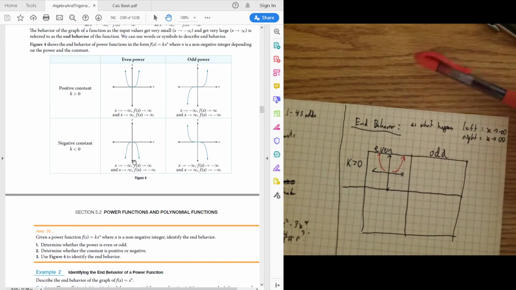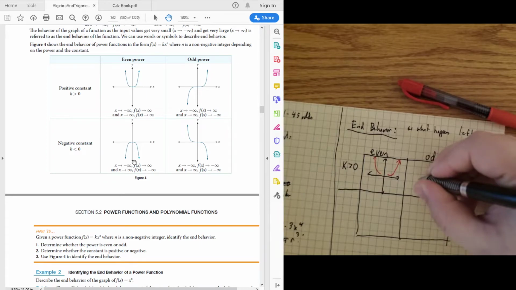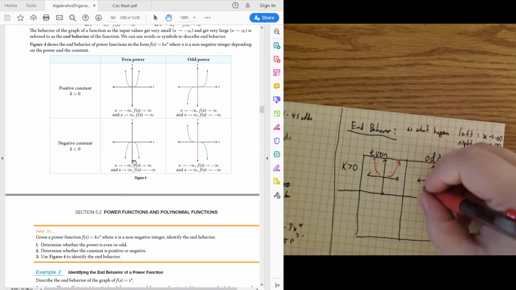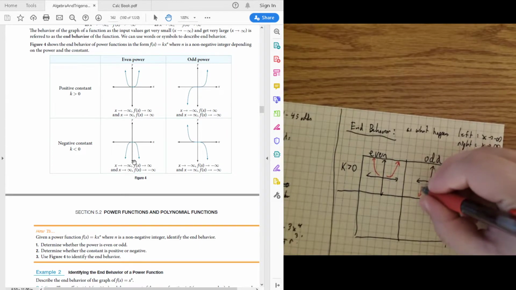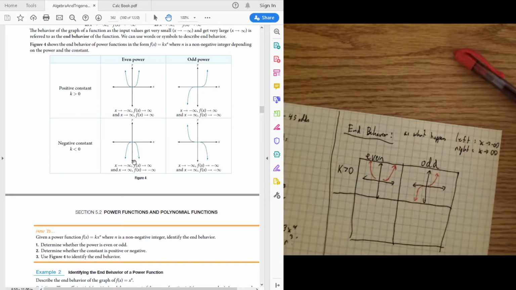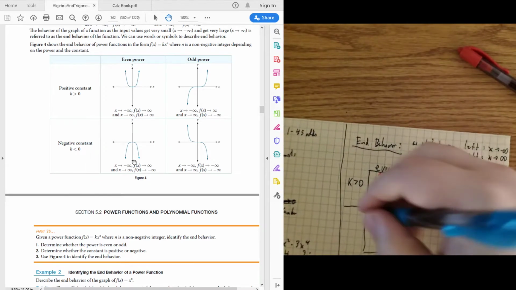If it's odd, we have a slightly different version. If it's odd, the left-hand side goes down and the right-hand side goes up. Now, the way your textbook describes this is it states the following.